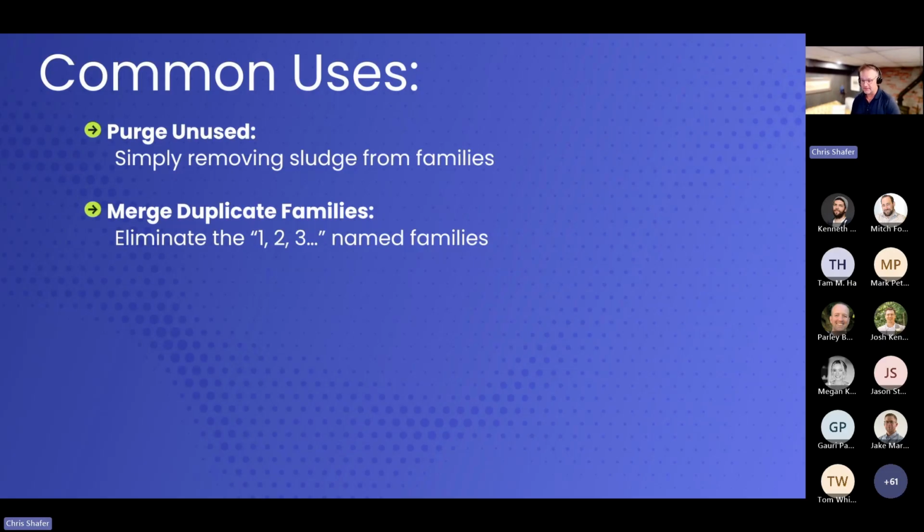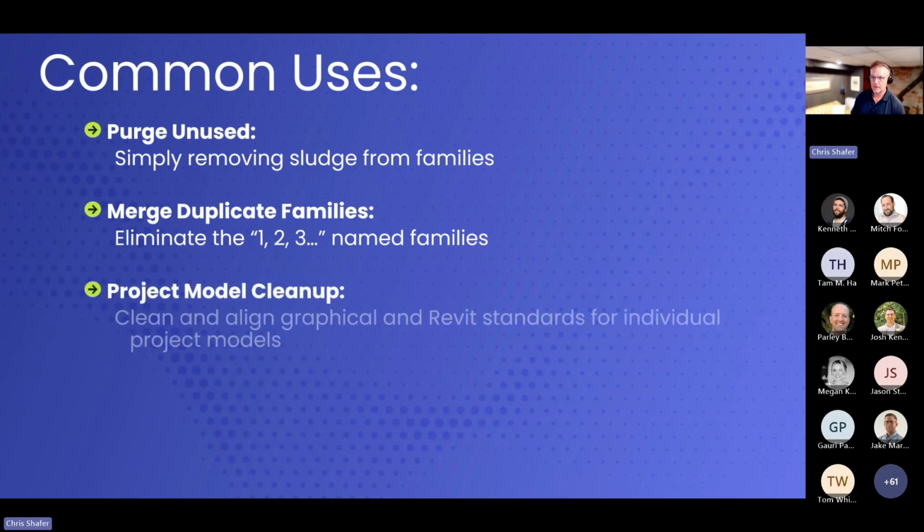Guardian makes the assumption that the project you're working in is the source of truth, so any incoming content wants to be updated and mapped to that. So with Guardian's model properties, Guardian will go ahead and merge those duplicate families.